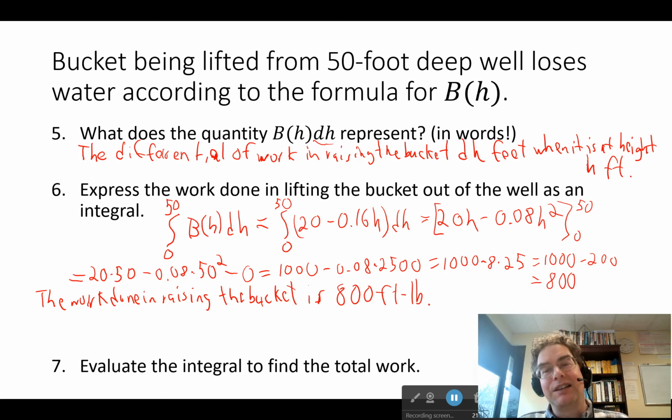If you wanted to think of this as distance changing instead, you could finagle it into that by thinking about different portions of water in the bucket being lifted, different amounts. But I think that's a little trickier to envision. So I think really here we're looking at a force varying situation to keep things as simple as we can.